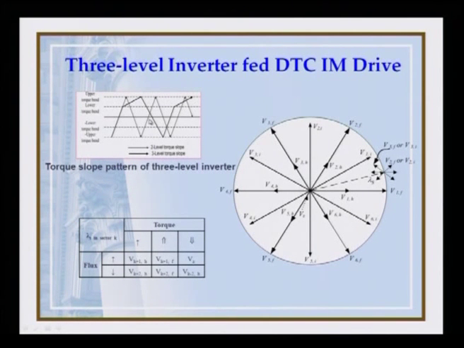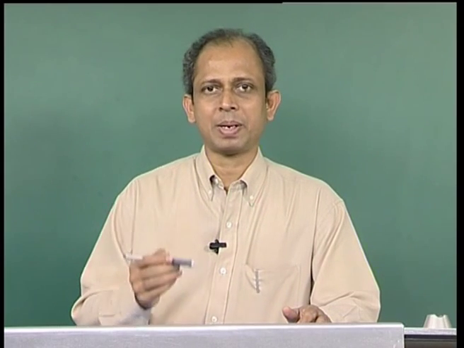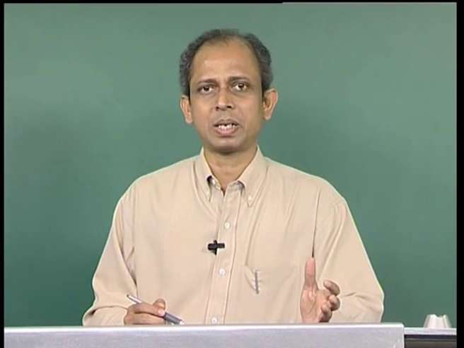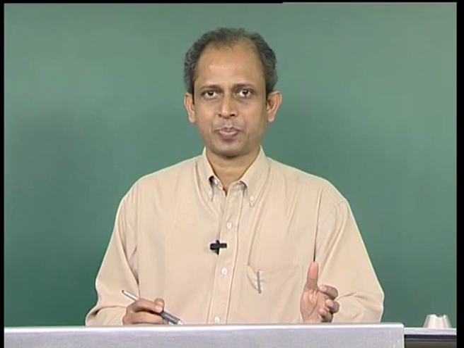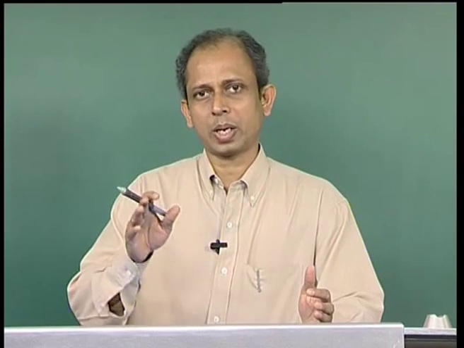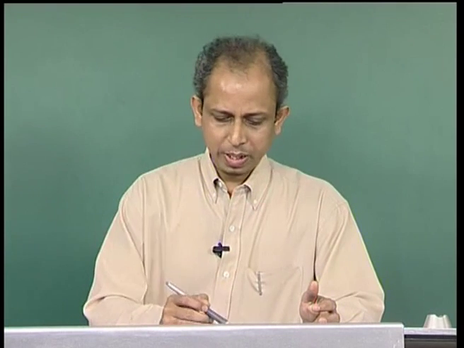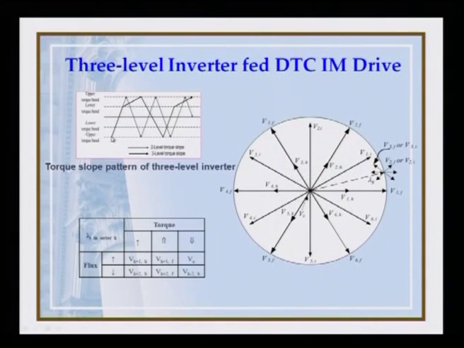So, instead of that, what we do in this case is, when it reaches the upper band, instead of a full voltage vector we apply a half voltage vector. So, that basically reduces the slope of the torque, and hence we have a smoother operation. So, here from the negative upper band to the positive lower band, the torque needs to be increased.